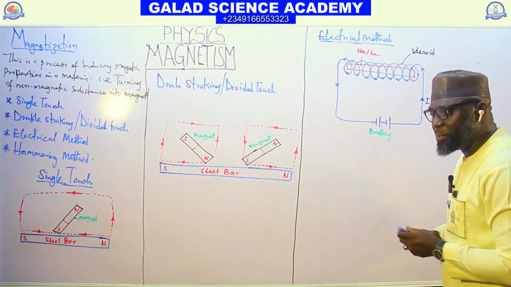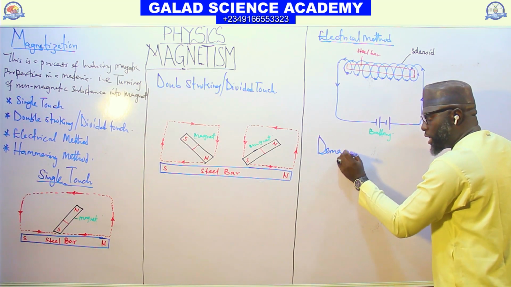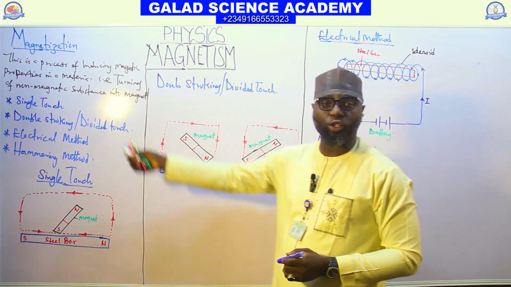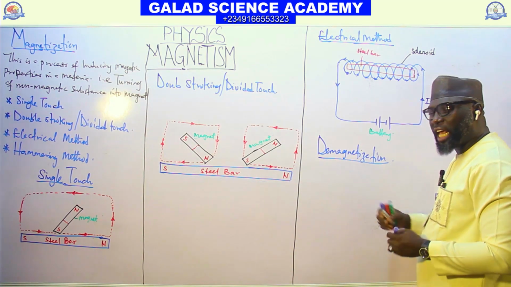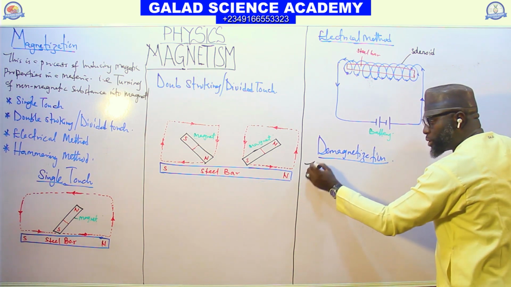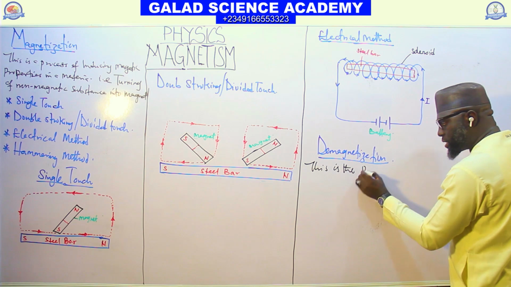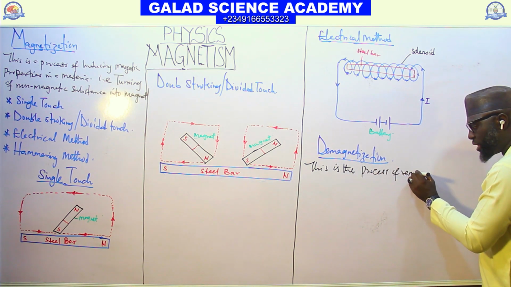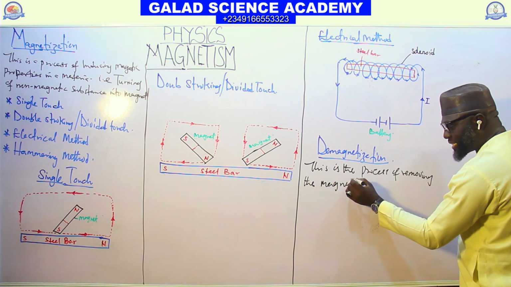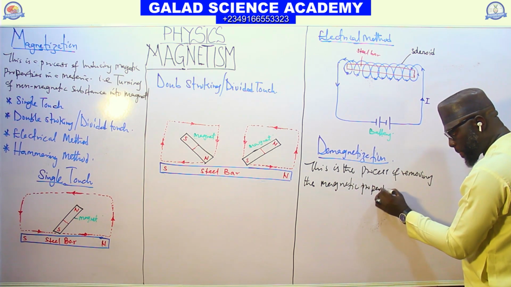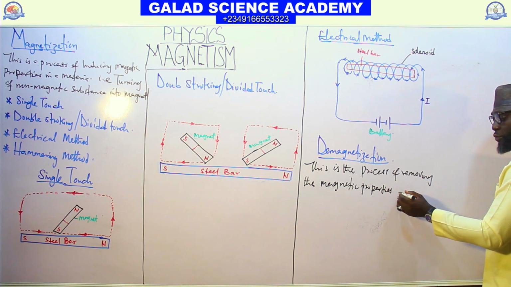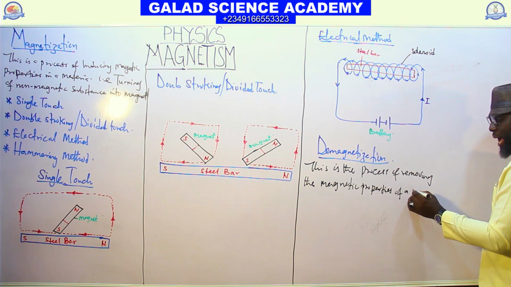So the next one is demagnetization. Demagnetization is the opposite of magnetization. Demagnetization is the process of removing the magnetic property of a magnet.